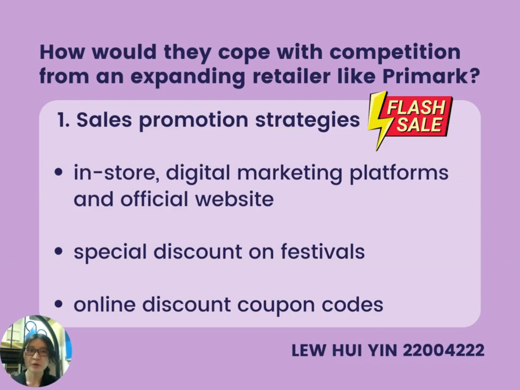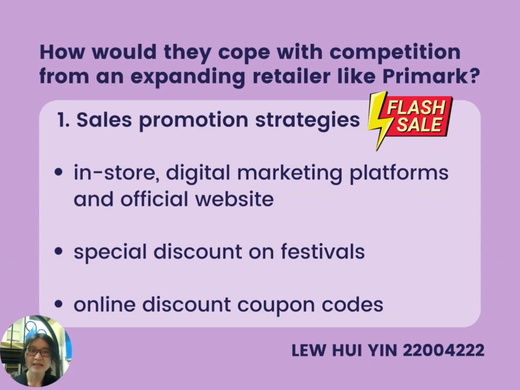In order to cope with competition from an expanding retailer like Primark, the fast fashion chains in Malaysia can use sales promotion strategies to promote their products either in-store, on digital marketing platforms, and on official websites. In this case, they can use several promotion strategies such as special discounts on festivals, for example Chinese New Year.